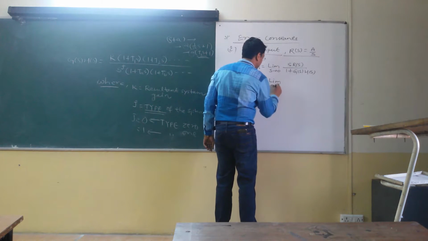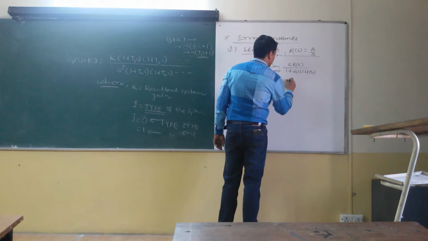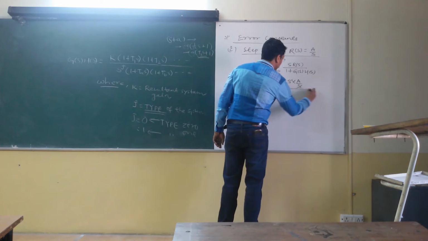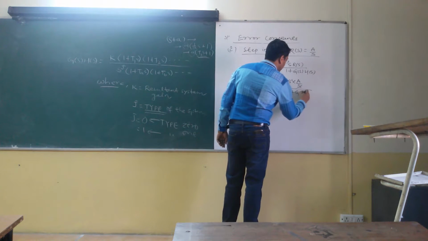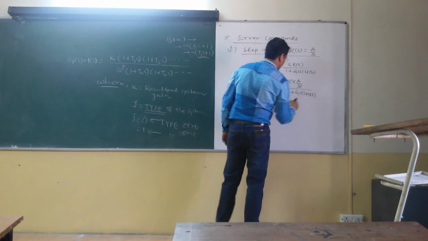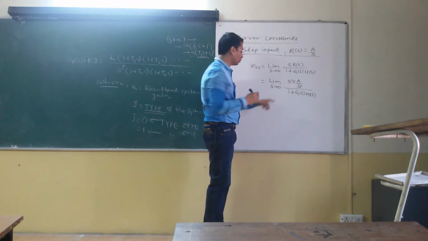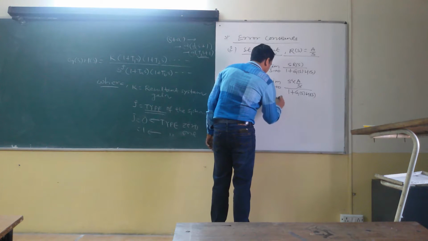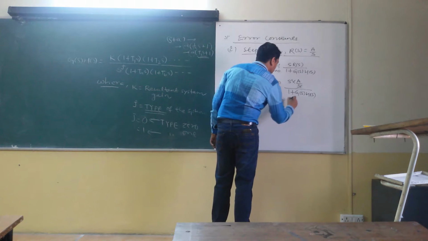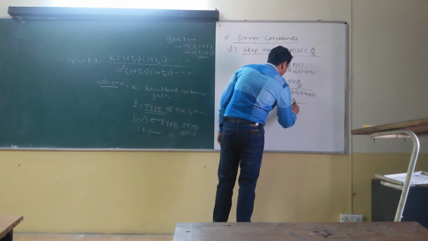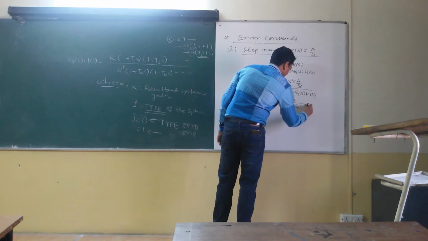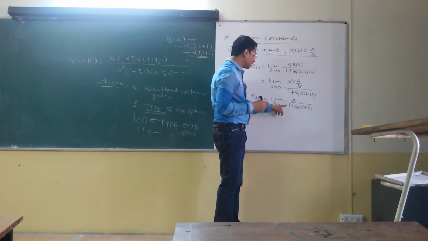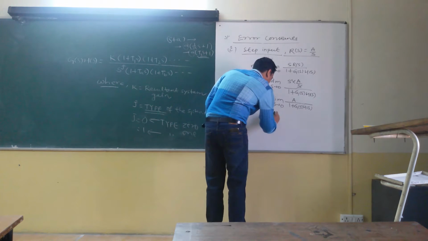Then you will get limit s tends to 0, s multiplied by A by s, this will cancel out, upon 1 plus G(s)H(s). This A is constant. So you can directly write limit s tends to 0 A upon 1 plus G(s)H(s).